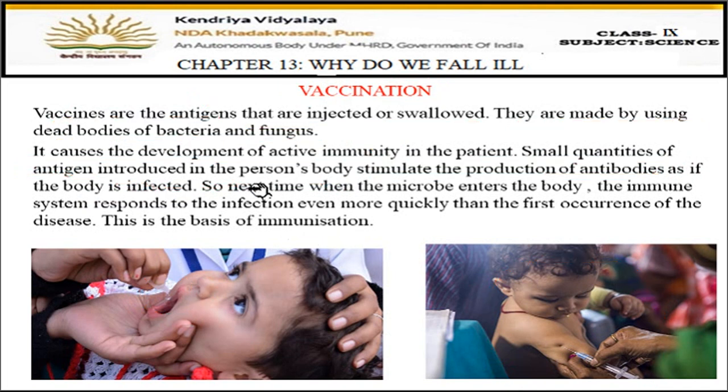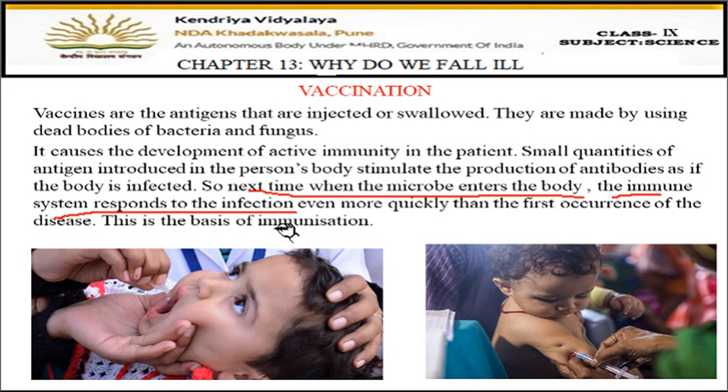Now, next time when the microbe actually enters the body, these were the dead ones, but in life, suppose sometime the microbe enters the body, then the immune system responds to the infection. The immune system will identify this infection.